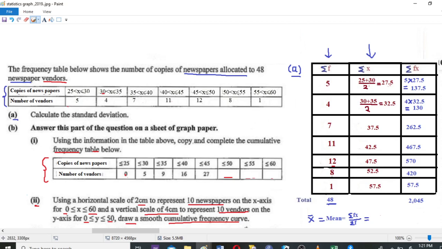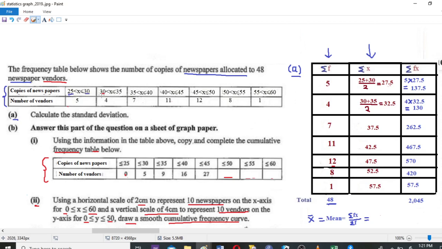I've demonstrated it here. We look at the row containing our ranges, that is copies of newspapers. We have those who had copies from 25 to 30. To get the average, which we call our x value, we add 25 plus 30 divided by 2.